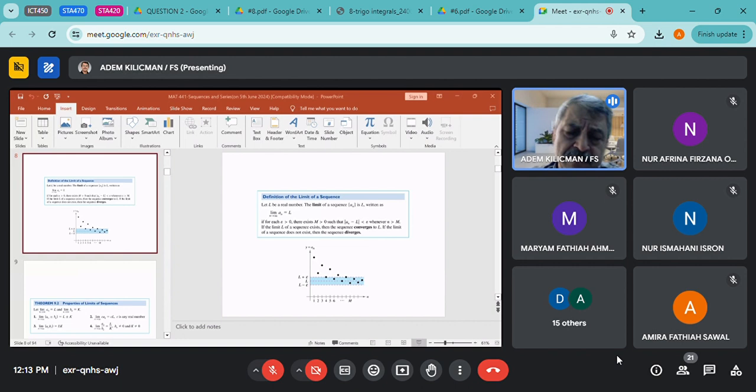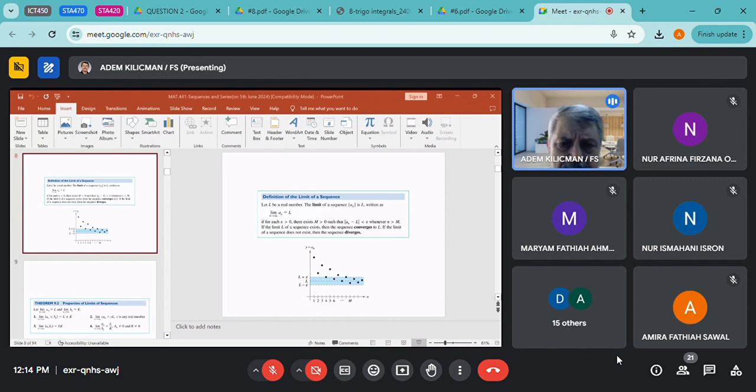Okay. Then we mentioned the sequence theorem, because sometimes the computation of the limit is not clear enough. So we will try to at least have some idea whether they are convergent or not by using the squeeze theorem, or as I mentioned, the sandwich theorem. What was the sandwich theorem saying?